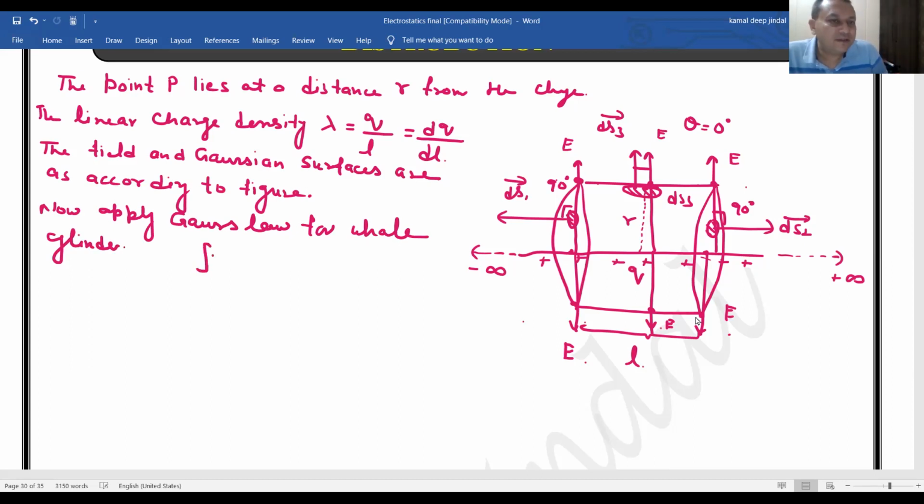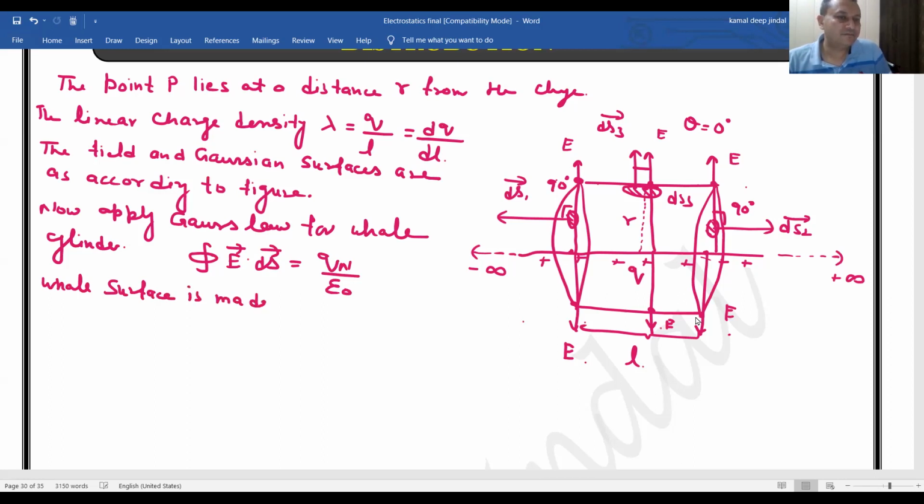So I may write closed integral E dot ds equals q net upon epsilon naught. And this whole surface is made of three surfaces. So let us break it into three parts.